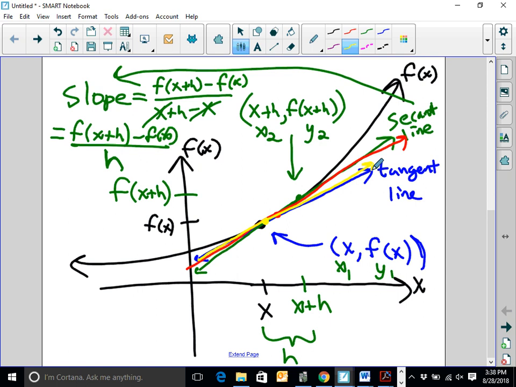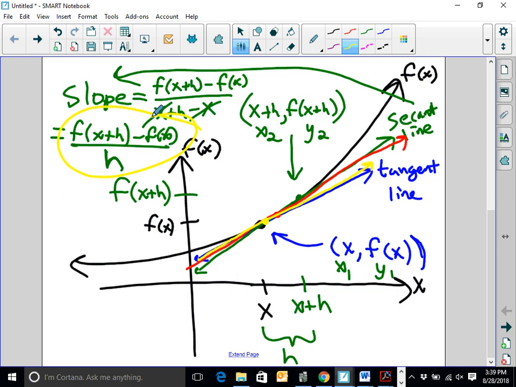So what we have here is we want to shrink h to be really, really small. Now we know if they're the exact same point, if h actually equals 0, we look back to our slope formula up here and we see, oh, I can't divide by 0, it's undefined.